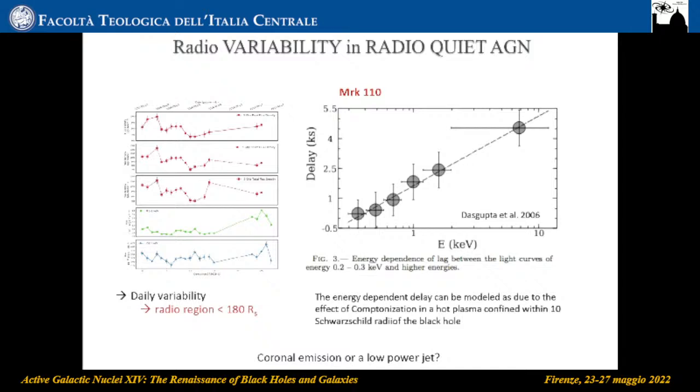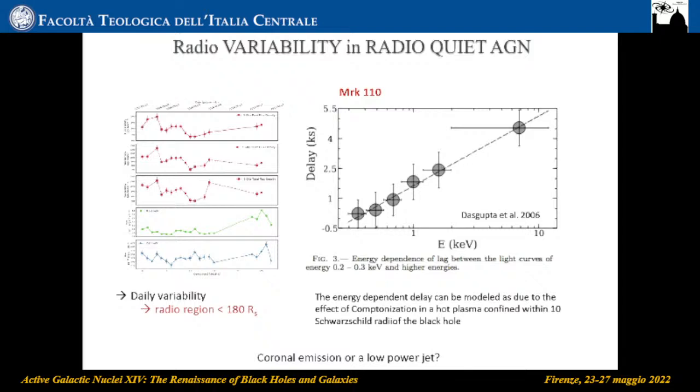Interestingly, a few years ago, an XMM-Newton observation showed that there was an energy-dependent delay. It was modeled with a comptonization of a hot plasma within 10 Schwarzschild radii. 10 and 180, they are not so different.